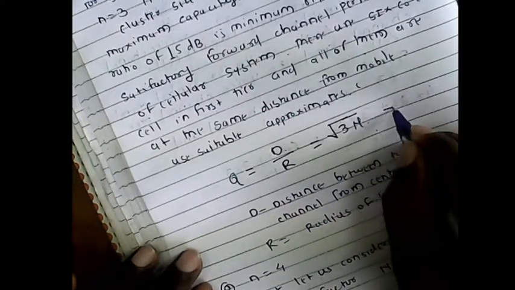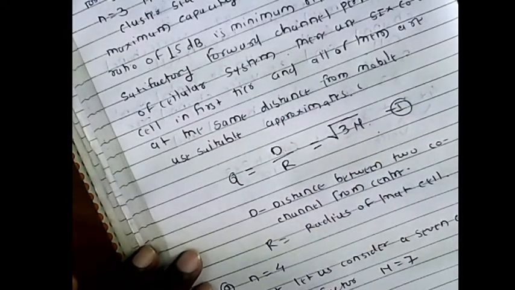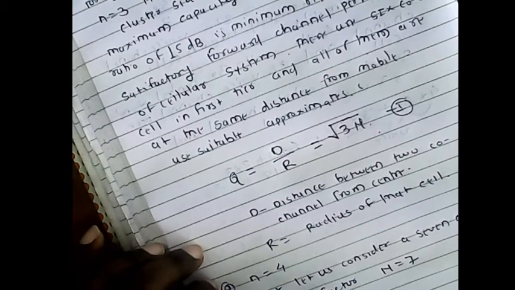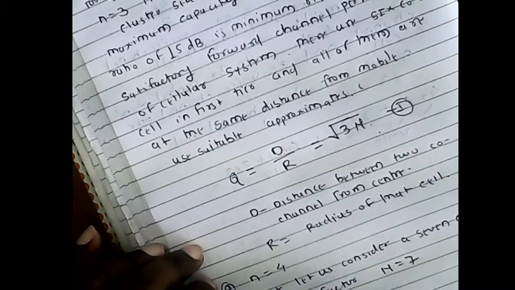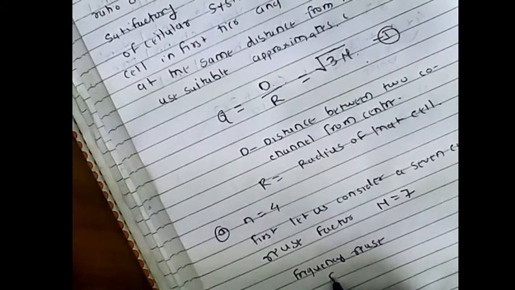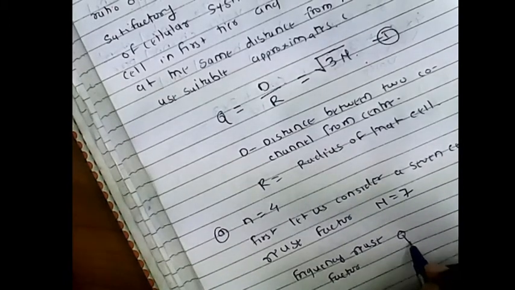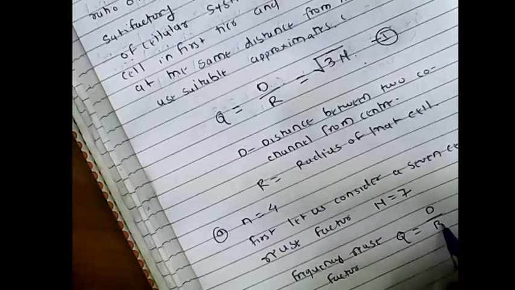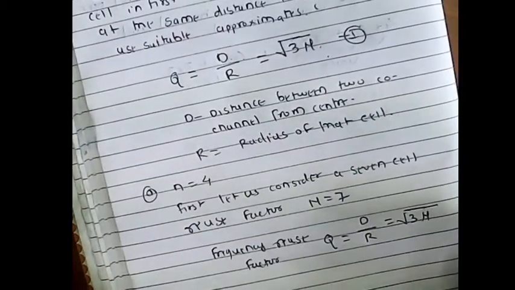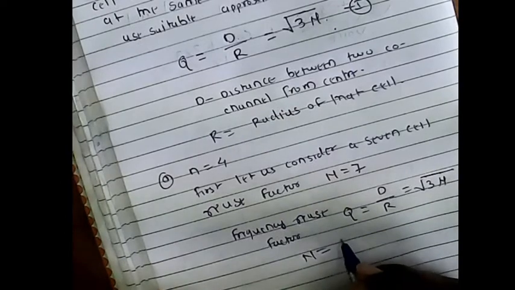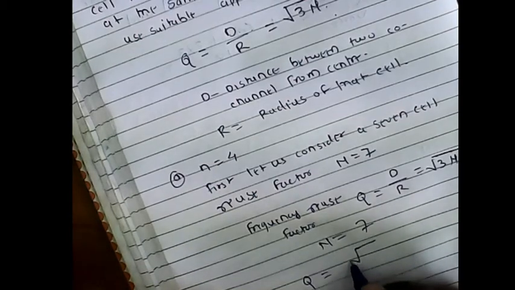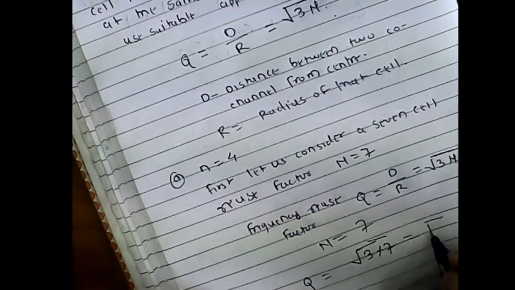From equation number 1, we can calculate the co-channel reuse ratio or frequency reuse factor, that is Q, given by D by R, which is the square root of 3N. Here N is equal to 7, so we get the square root of 3 into 7, that is root 21.